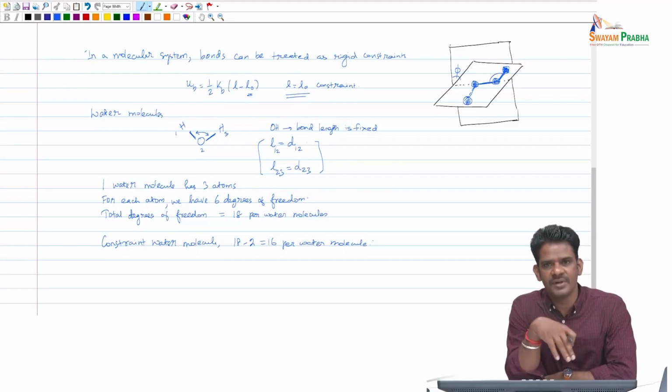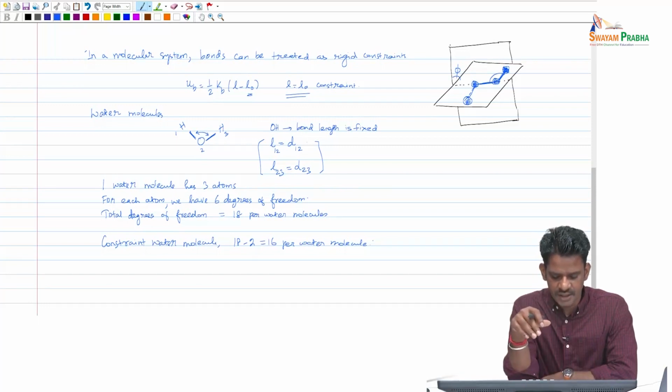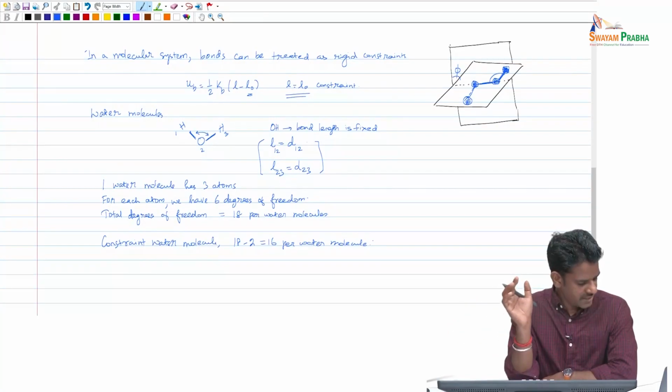In this particular example, I might be interested in finding the equilibrium density of water, or its diffusivity, or its heat capacity, properties of collective motion. In such a case, I am not so much interested in the dynamics of the bond vibration, because that is not going to give any important contribution in the overall property predictions. So, you could treat some of the unwanted degrees of freedom as constraints. Okay, that is the idea.